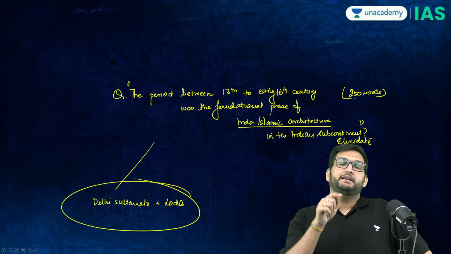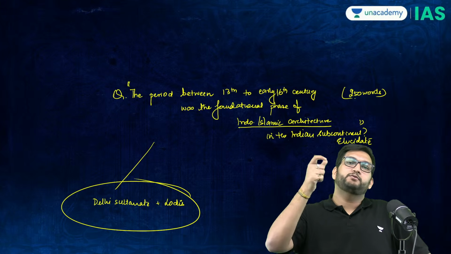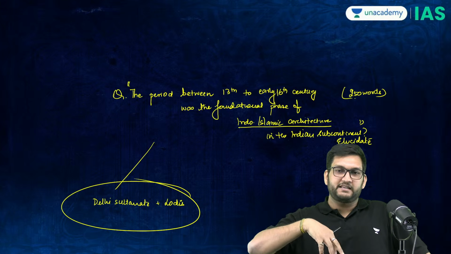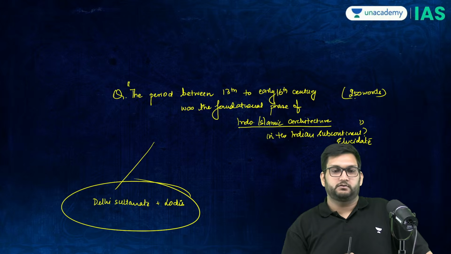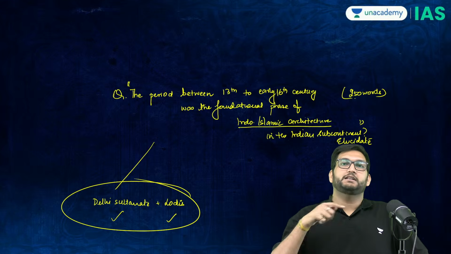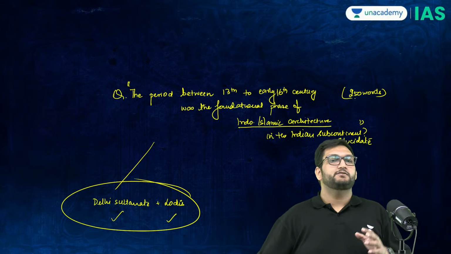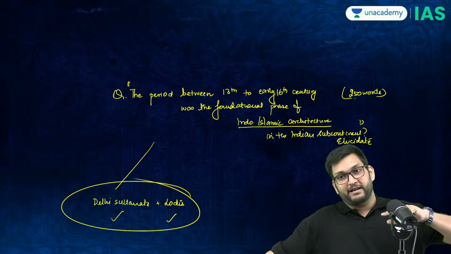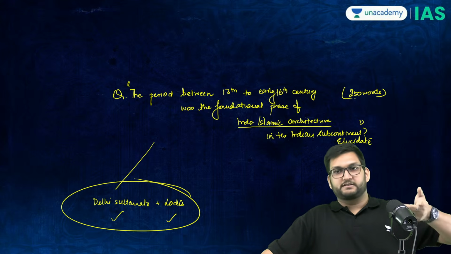If I write that the temple architecture of the medieval period started to absorb multiple Indo-Islamic designs and concepts, that is where Vijayanagara is going to come. You have to understand why we have to write about Delhi Sultanate and Lodhis, because we're talking about Indo-Islamic architecture. Vijayanagara architecture is not considered to be Indo-Islamic. It is temple architecture with Indo-Islamic features. So this is a difference.